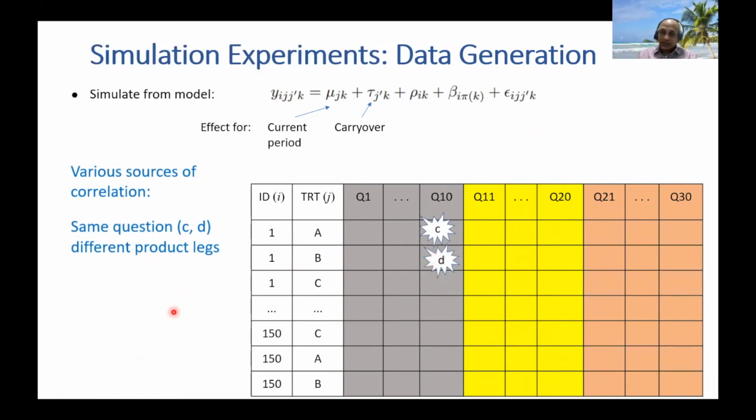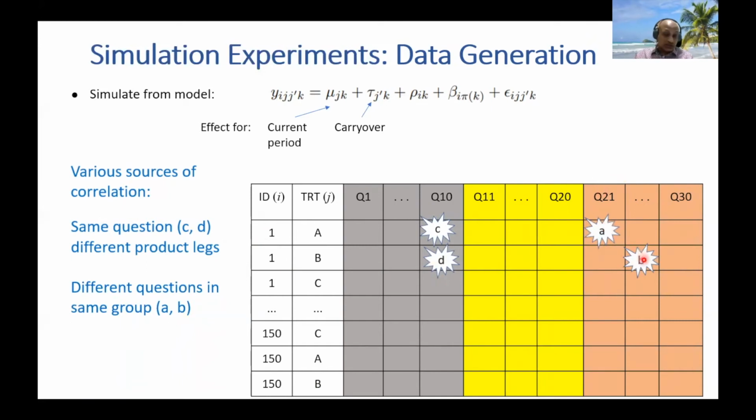The next one is the following. Same panelist answering different questions that are within the same block of questions. For example, answers to question number 21 and question number 22 by panelist number 1 do belong to the same block of questions.